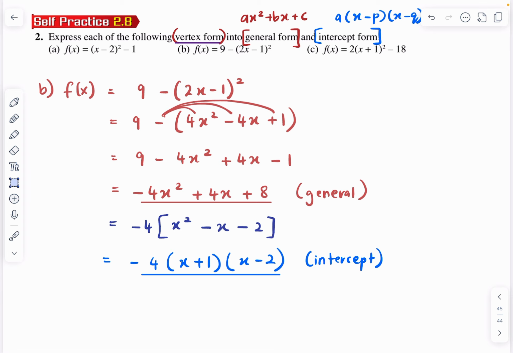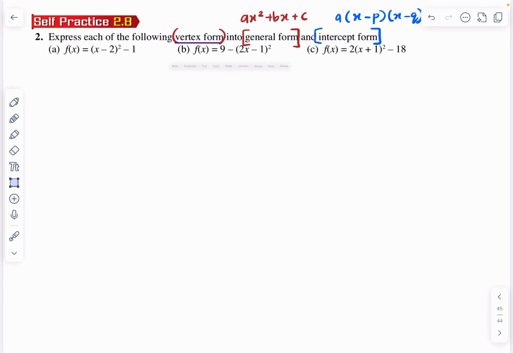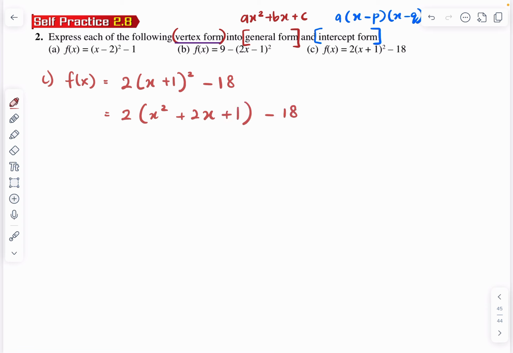Okay, let's look at C. f(x) is 2(x + 1)² − 18. So we expand the bracket, we get 2 times x² plus 2 times x times 1, so we get plus 2x, and then 1 squared, so we get plus 1, minus 18.